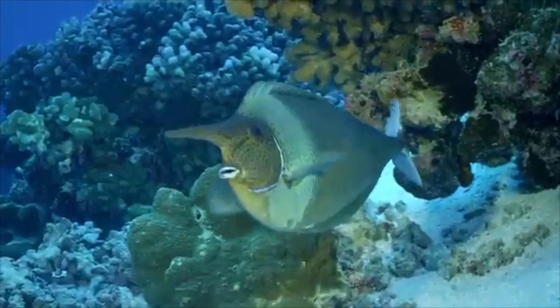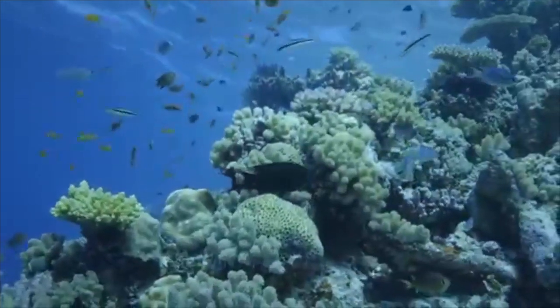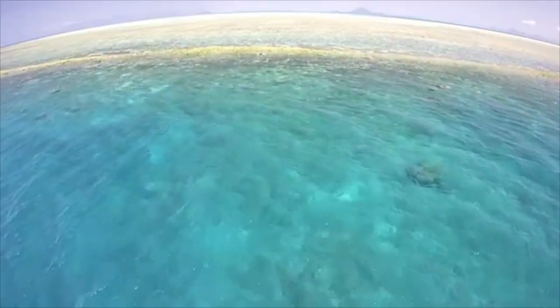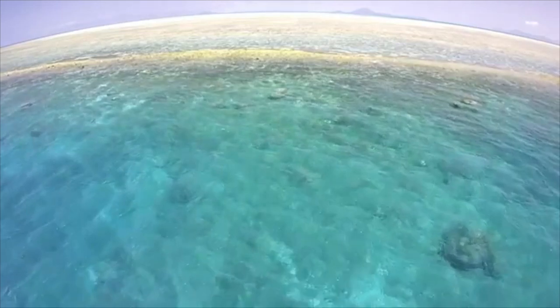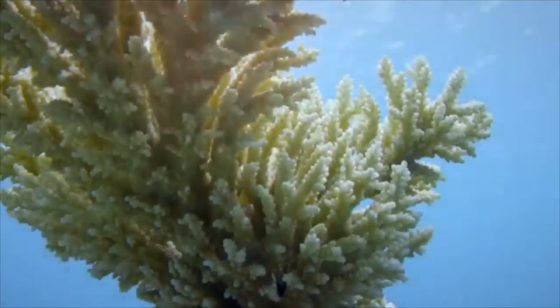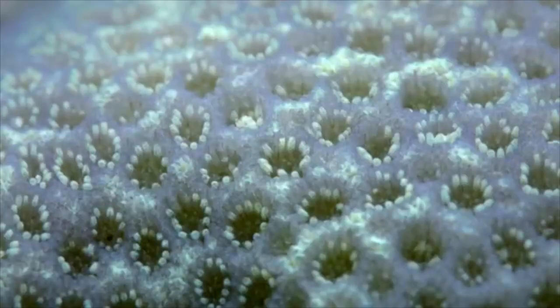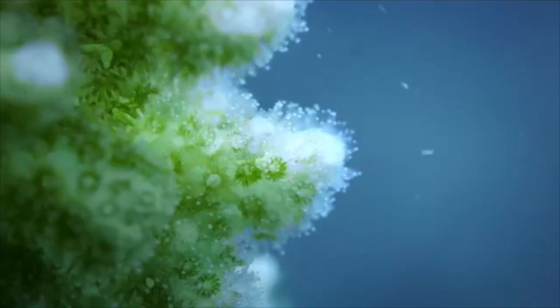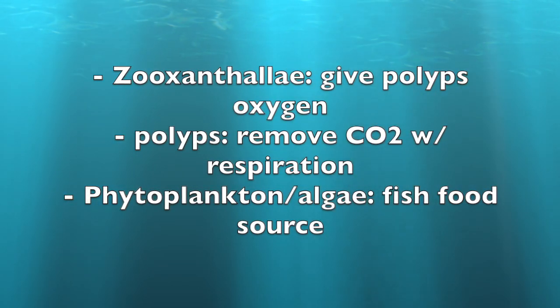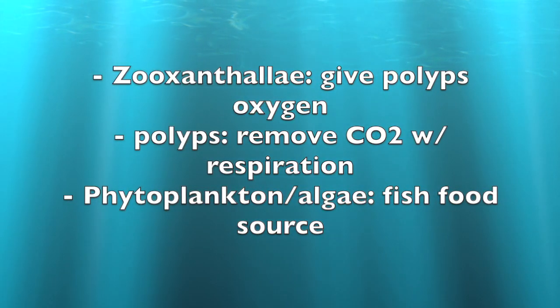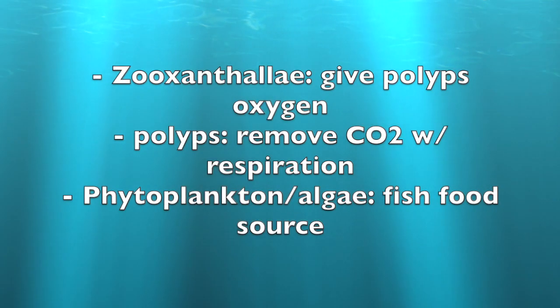There is a wide variety of plants and animals present in the coral reef biome. Coral reefs have a variety of diverse photosynthetic plants that live underwater. Since the sun is the main source of energy in the ecosystem, photosynthesis is an important factor in vegetation growth. The zooxanthellae provide oxygen to the coral, while the coral polyps remove the carbon dioxide through respiration.